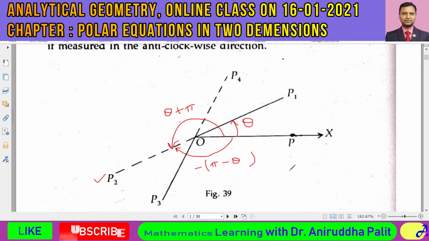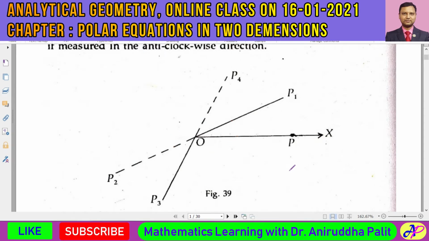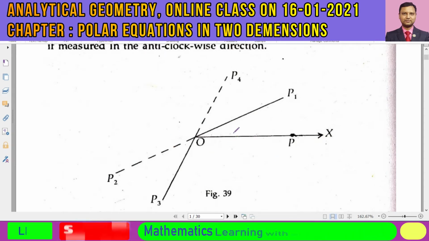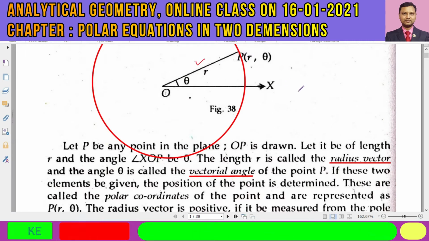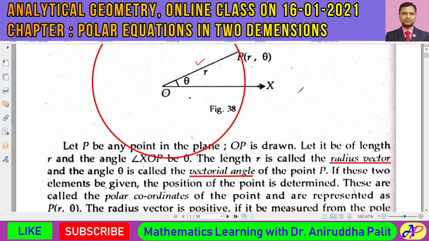But the major mistake that you will find in some books is this: this radius vector is a length, a measure of the distance OP.